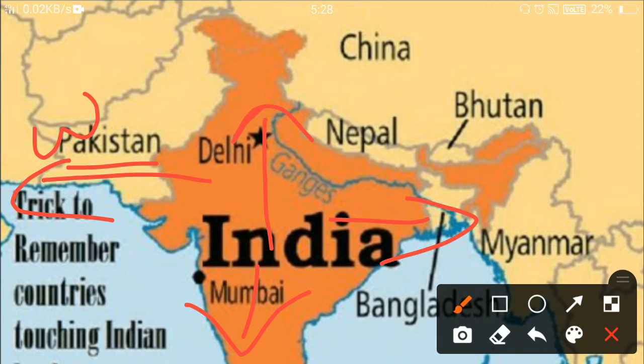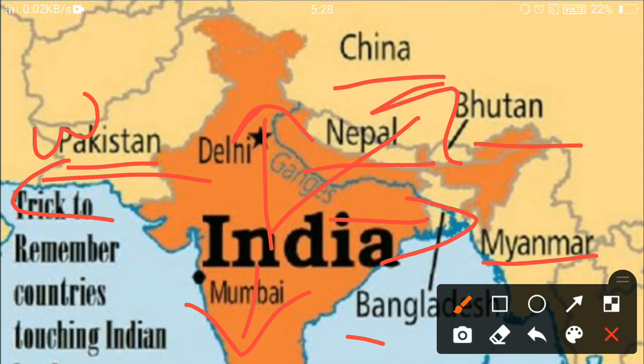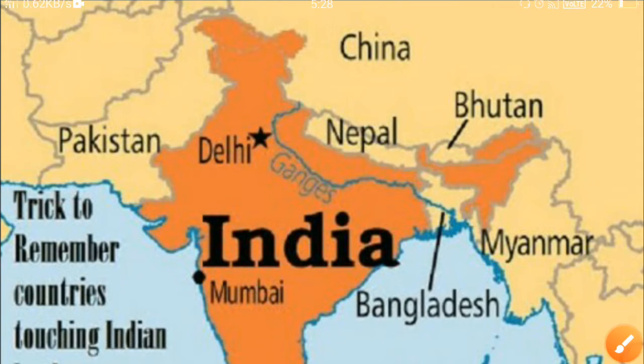Nepal, Bhutan and the Republic of China are in the northeast. These are the neighborhood countries, and Myanmar and Bangladesh are in the east. So Pakistan, China, Nepal, Bhutan, Myanmar and Bangladesh are our neighborhood countries.